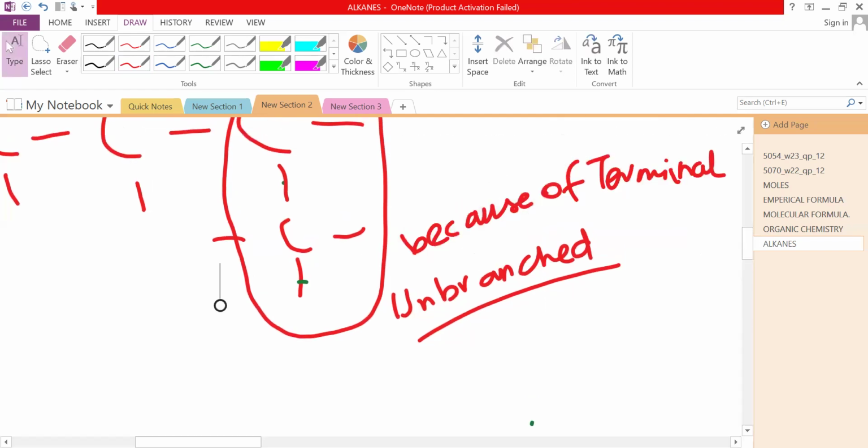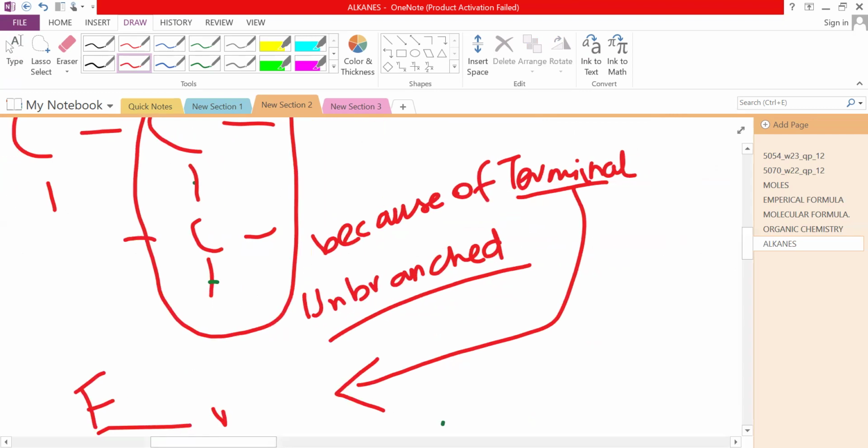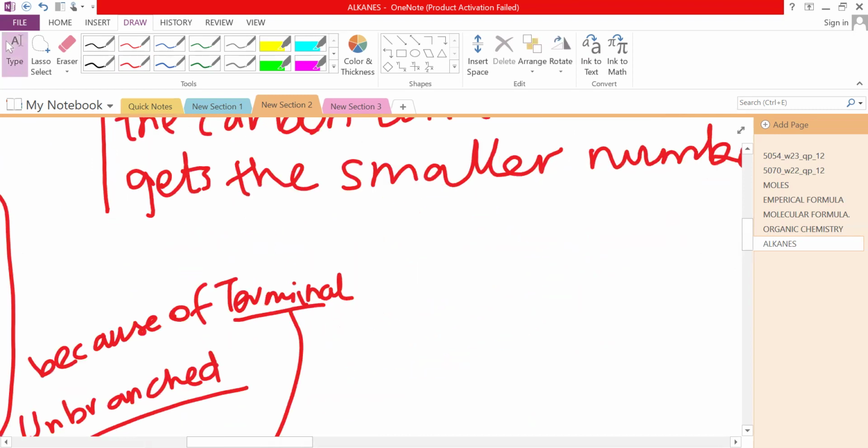I hope you understood the difference between branched and unbranched structure. What is terminal? The terminal is the end carbon.